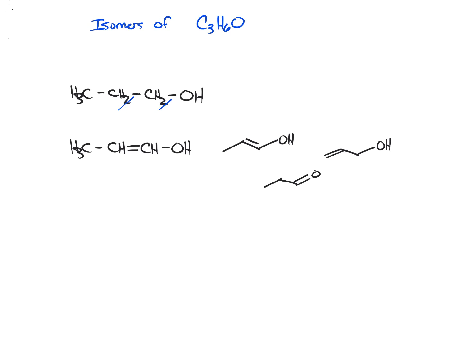Put the double bond on the oxygen. What else could we do? Let's take this one, and I'm going to rip the methyl group off the end and move it over closer to the OH. So that's an isomer.